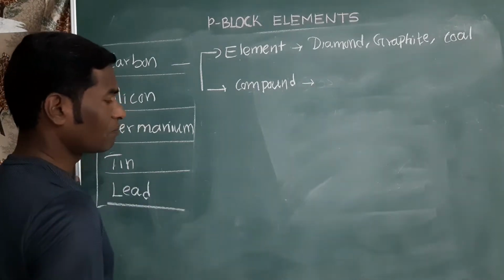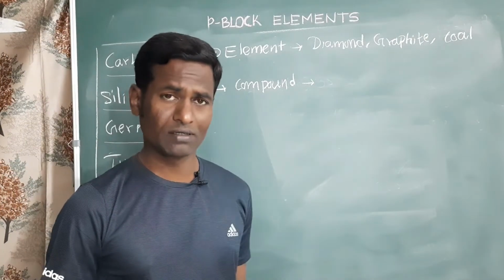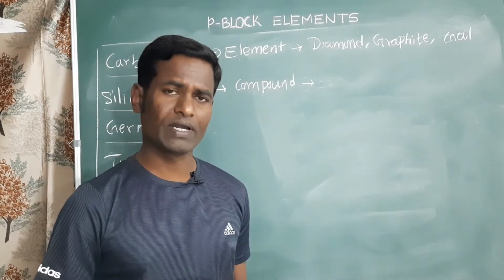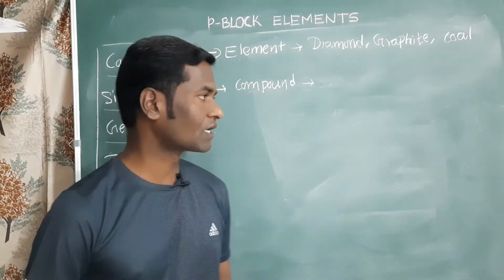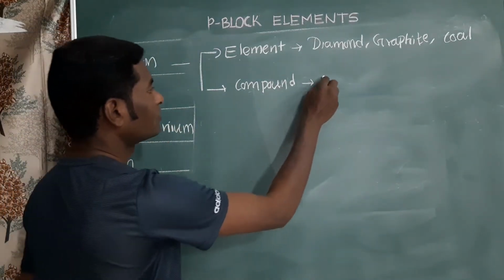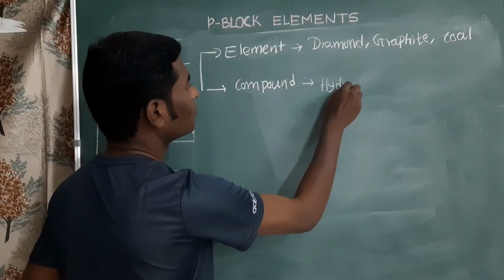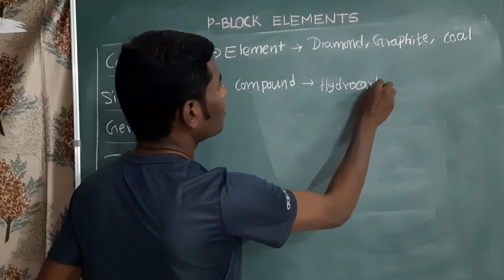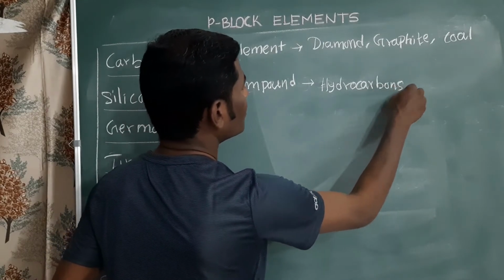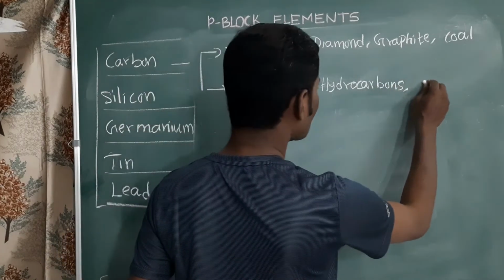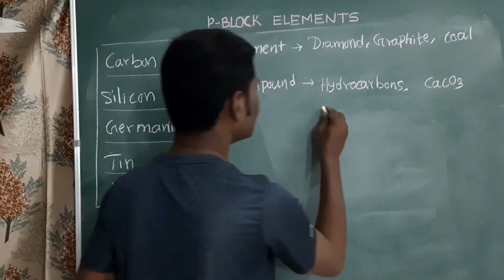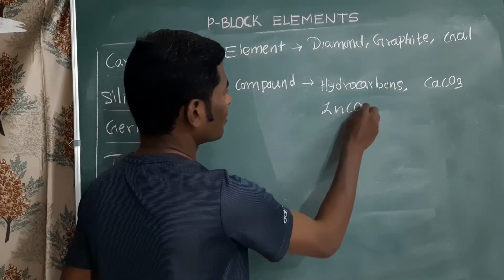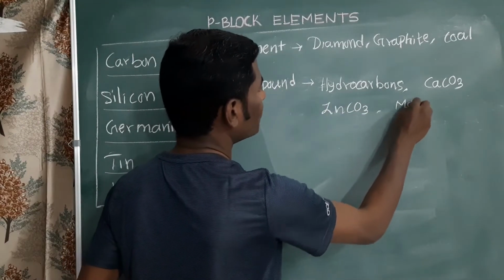Carbon readily combines with hydrogen, oxygen, nitrogen, sulfur, halogens to produce n number of organic compounds. Example: carbon combined with hydrogen to form hydrocarbons, one of the compound forms of carbon. Carbonates, example: limestone, calcium carbonate, calamine, zinc carbonate, magnesium carbonate.